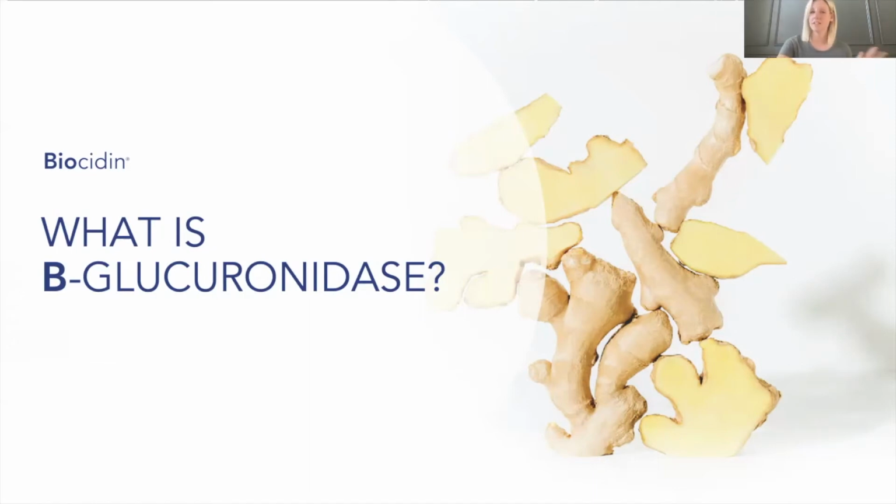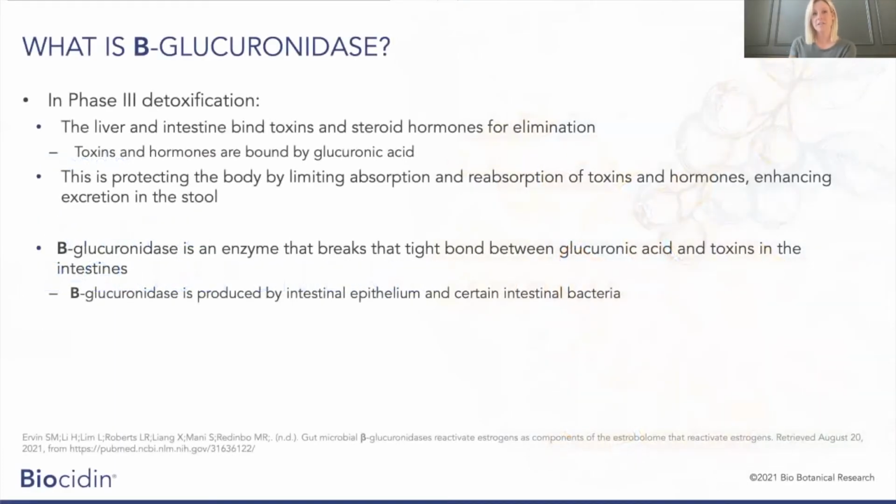Okay, so what is this fancy word, beta glucuronidase? What's it all about? In phase 3, what happens is the liver and the intestine bind toxins and different steroid hormones. So maybe it's environmental toxins, or other toxins eliminated from the body, medications, alcohol, and then steroid hormones similarly also bind to be eliminated.